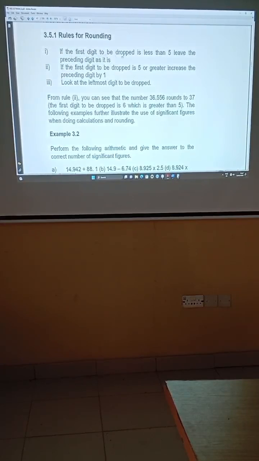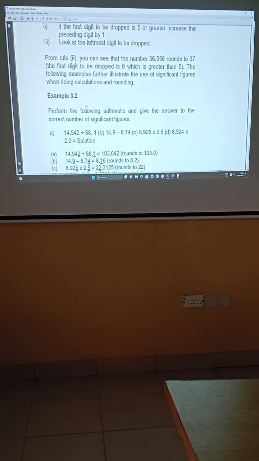If the first digit to be dropped is less than 5, leave the preceding digit as it is. Rule 2. If the first digit to be dropped is 5 or greater, increase the preceding digit by 1. Look at the leftmost digit to be dropped.